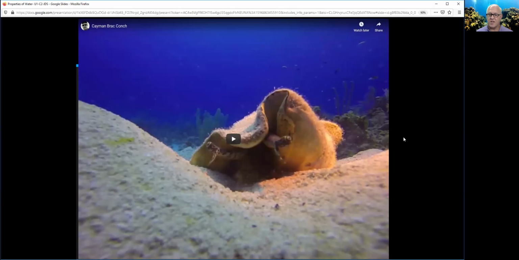Just a little relaxation with a conch shell down in the Cayman Islands.